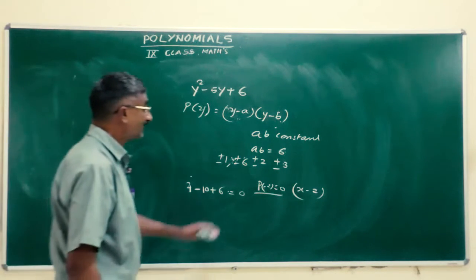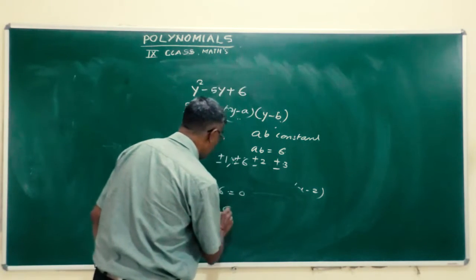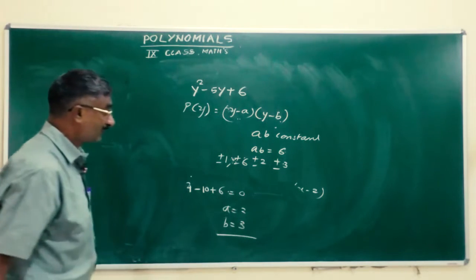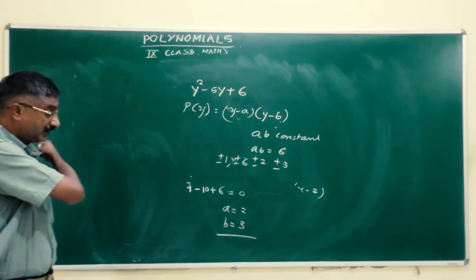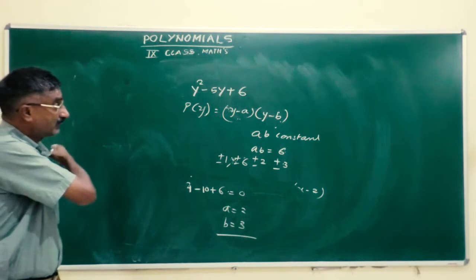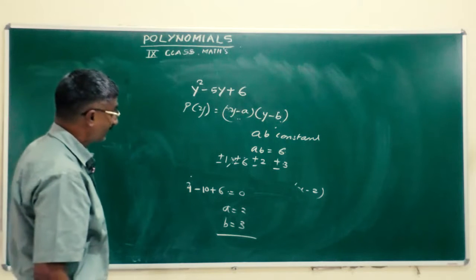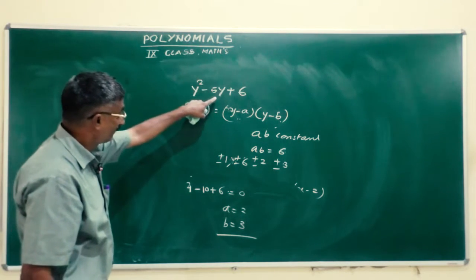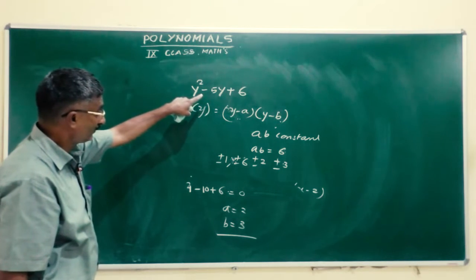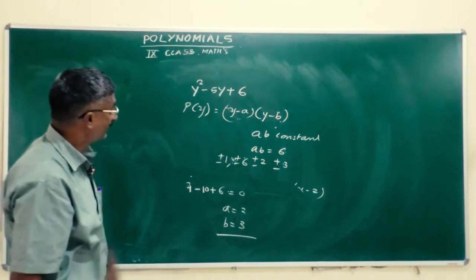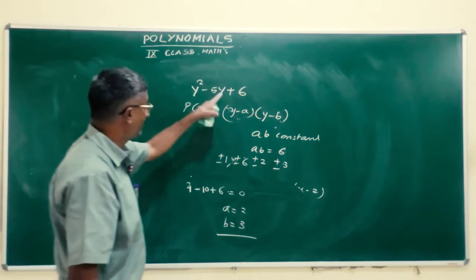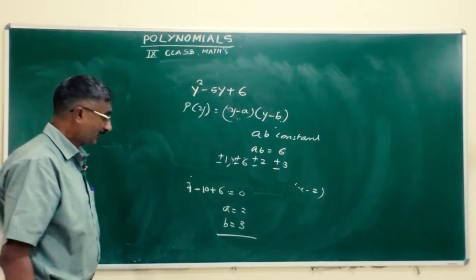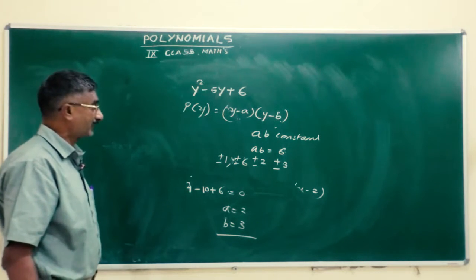So, now we can say that A is equal to 2 and B is equal to 3. 3 3s are 9, and 3 5s are 15. So, 9 plus 6 is 15. So, 3 and 2 are the two factors.